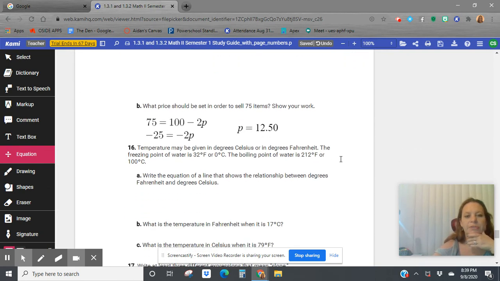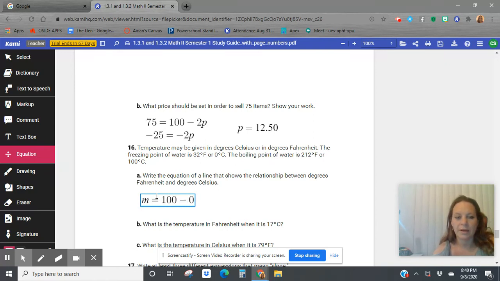Temperature may be given in degrees Celsius or in degrees Fahrenheit, when the freezing point of water is 32 degrees and the boiling point of water is 212. Write this equation. So if I use slope formula, y minus y would be 100 minus 0 on top, and the change in the x is 212 minus 32.